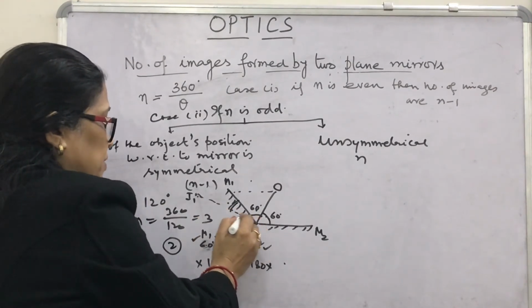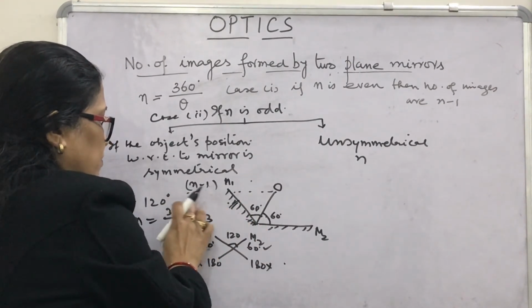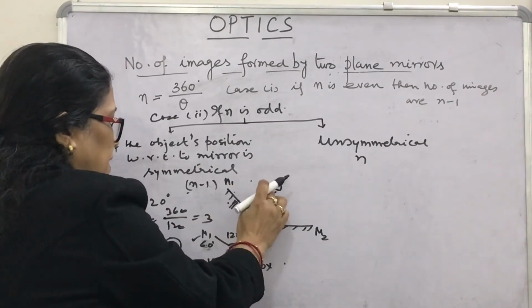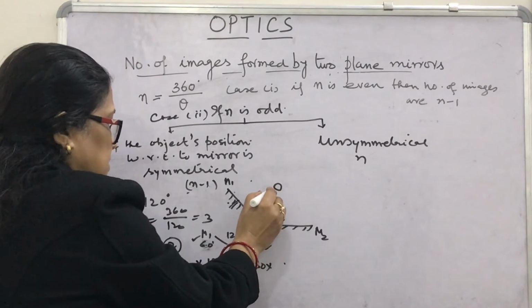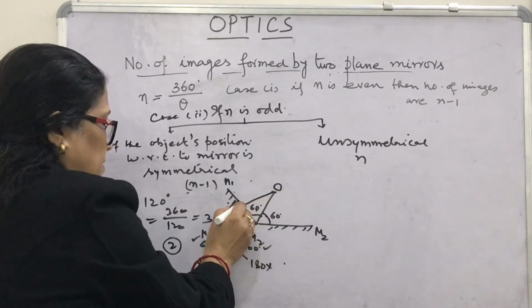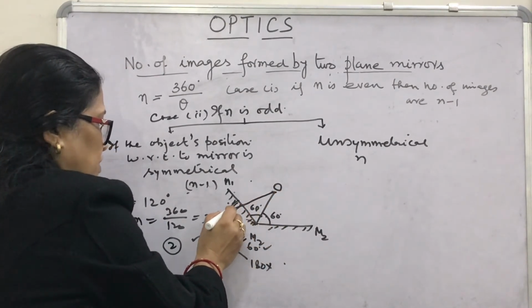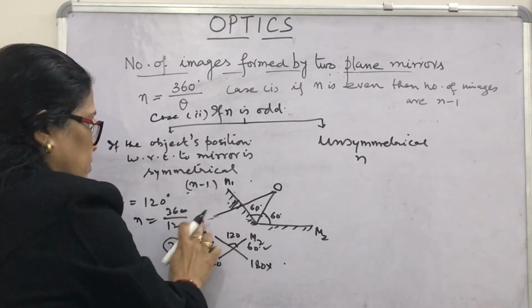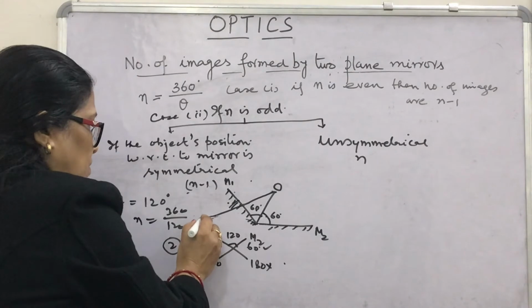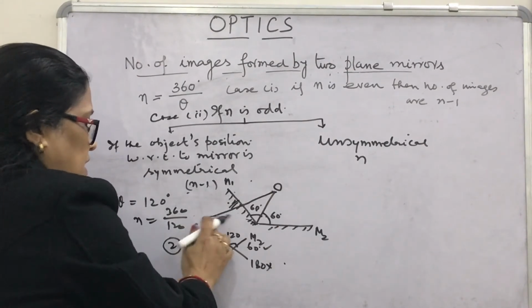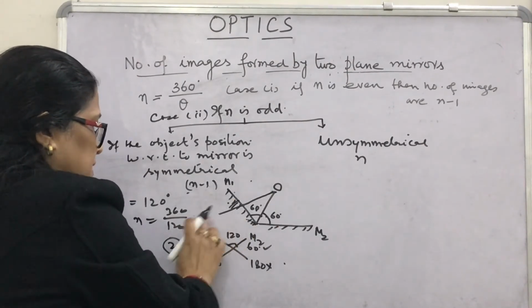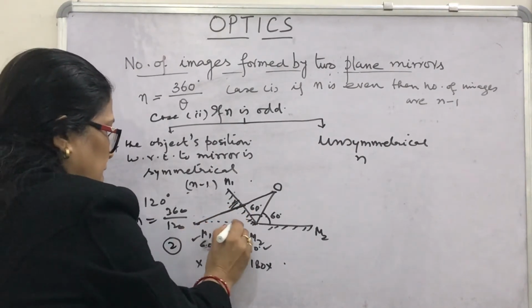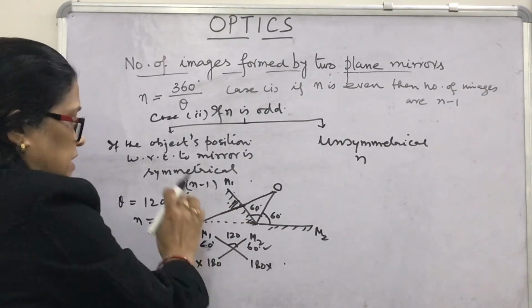So at the position of 180 degrees I1 will be formed, and if you measure, you will find that this will come behind the extended position of the mirror, so its image will not be formed.